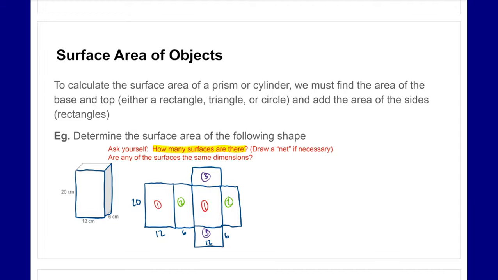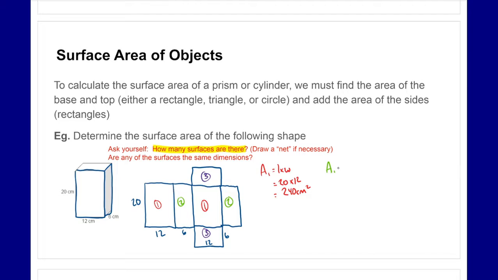So I can just find the area of each one individually and then multiply that by 2. The nice thing is they're all rectangles, so that means length times width. The area of our first shape is 20 times 12, which is equal to 240 centimeters squared.